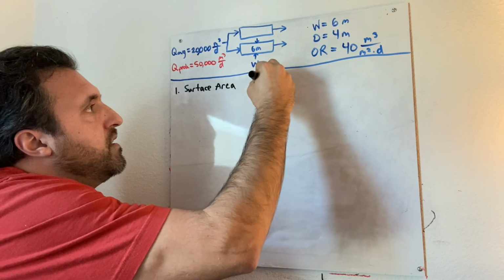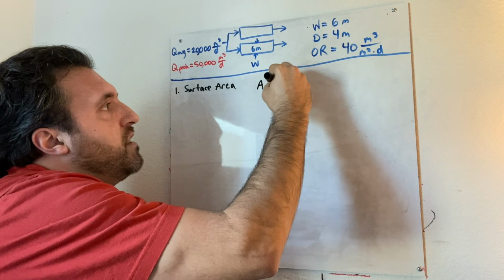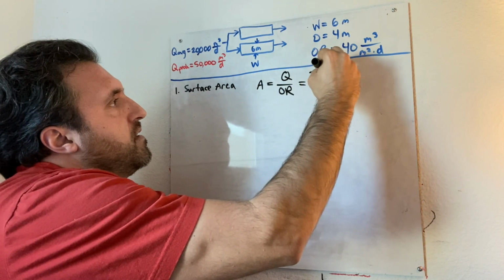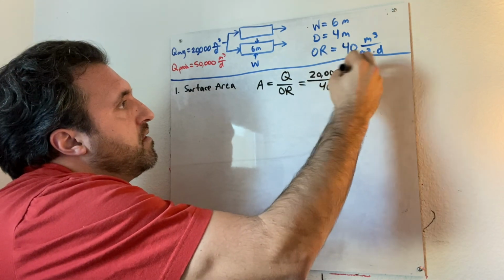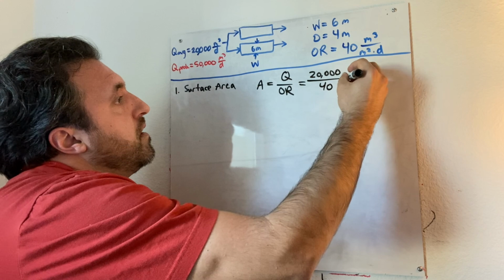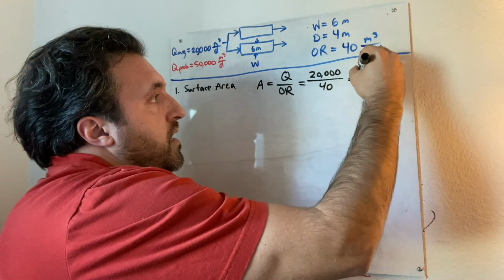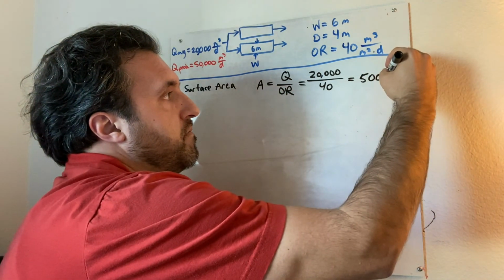So the area is equal to the flow rate divided by the overflow rate. So 20,000 divided by 40. And that gives us an area of 500 square meters.